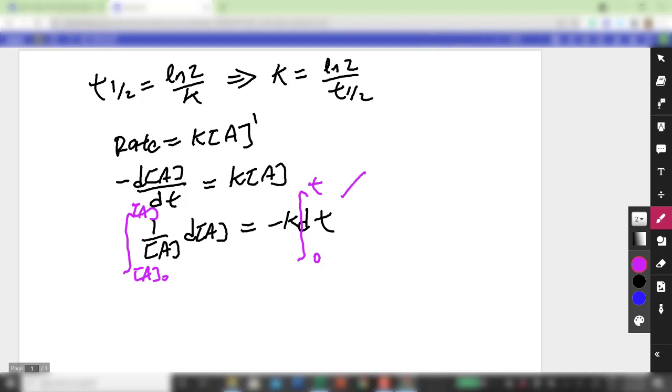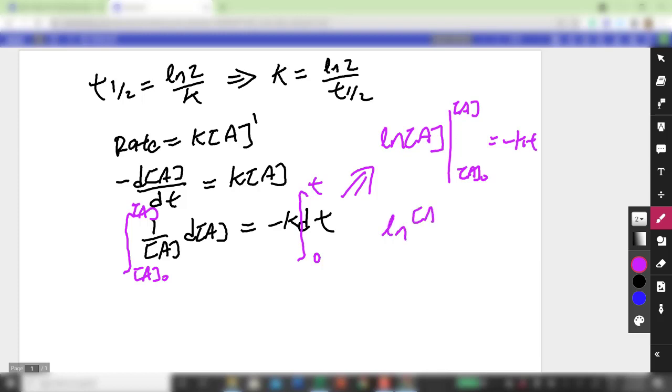When I perform the integration, I end up with ln of the concentration of A, with limits A naught to A, and this equals minus kt. If you just subtract them, you end up with ln(A over A naught) equals minus kt.